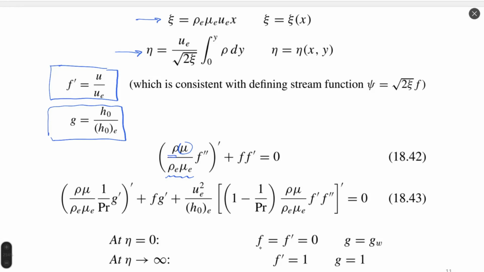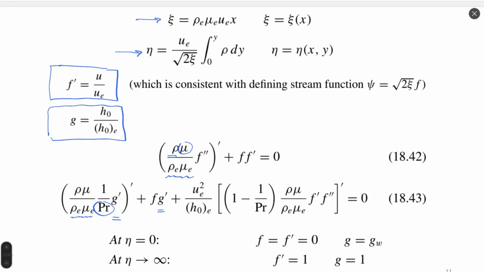And in the second equation, we also have functions of density and viscosity, constant, divided by constant values, also by the Prandtl number. And here starts to be present the g function, the enthalpy ratio, with the first derivative of the g function. And other combinations.